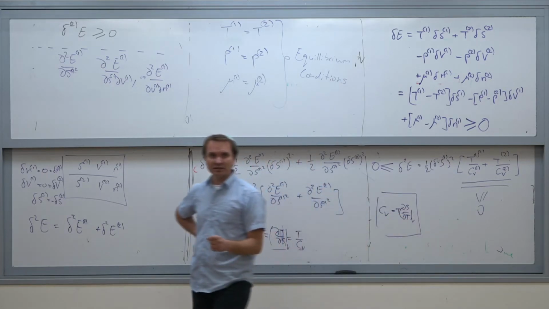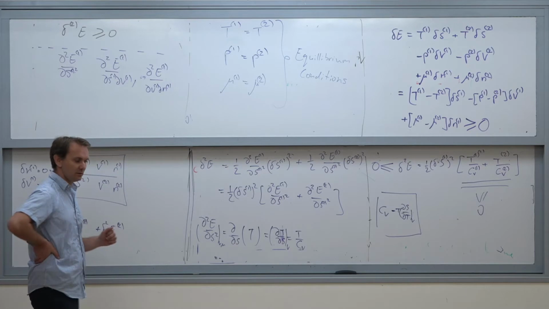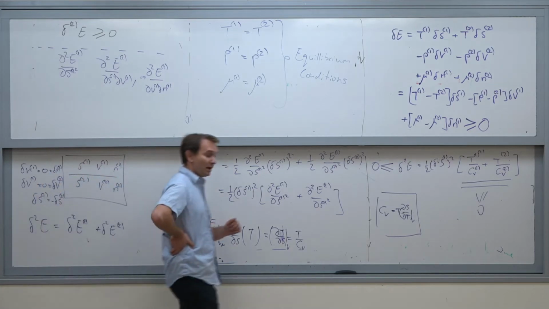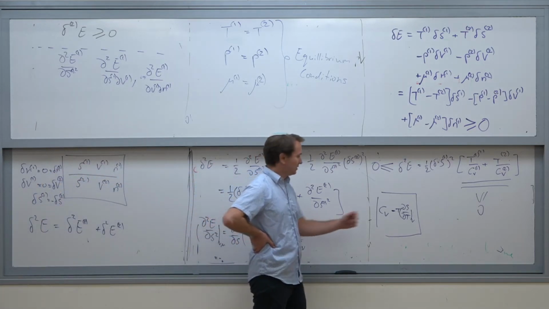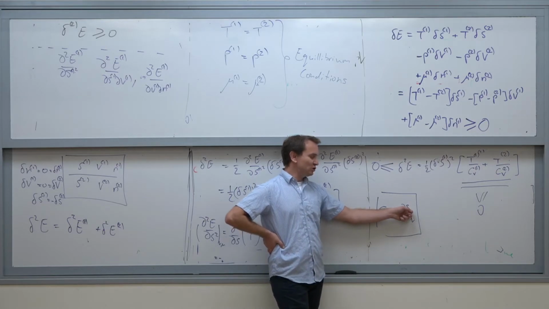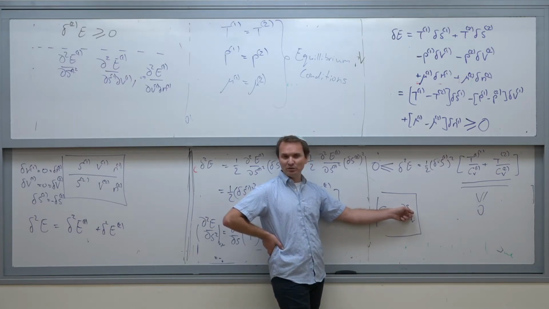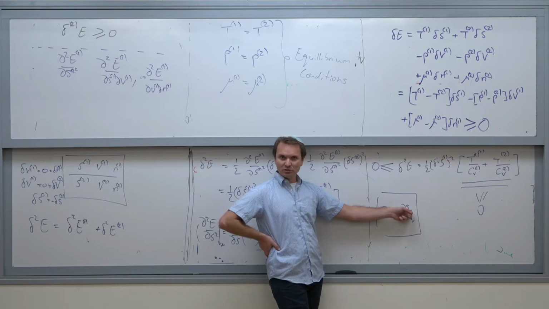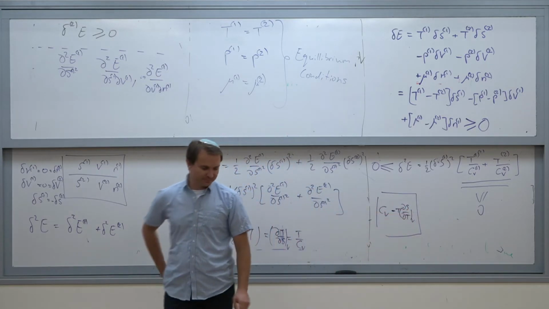So is CV extensive or intensive? Extensive. It's proportional to the change of S, so it should depend on the size of the system. So it's an extensive variable. Okay.